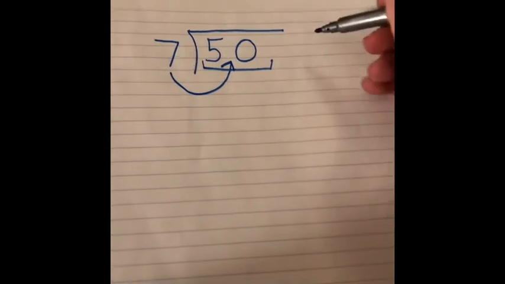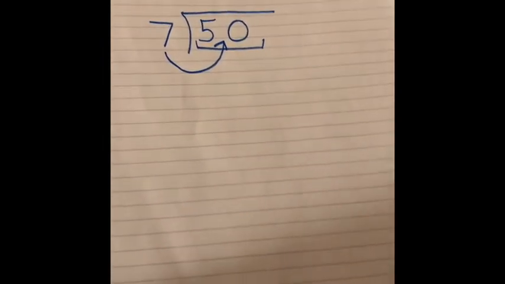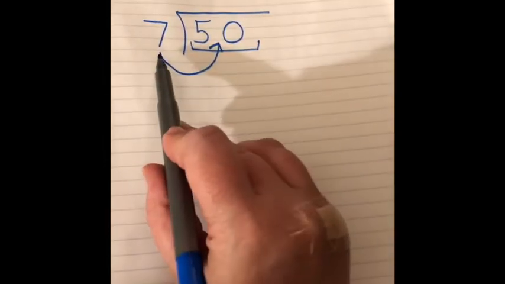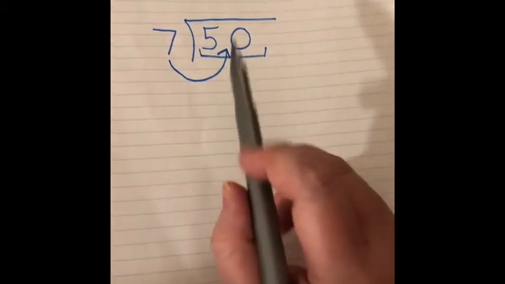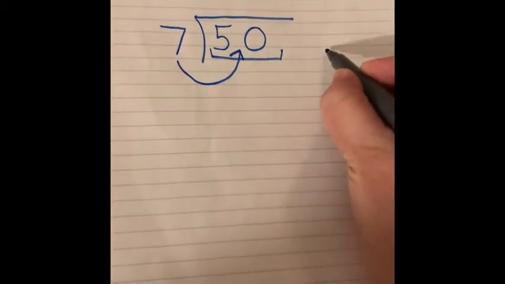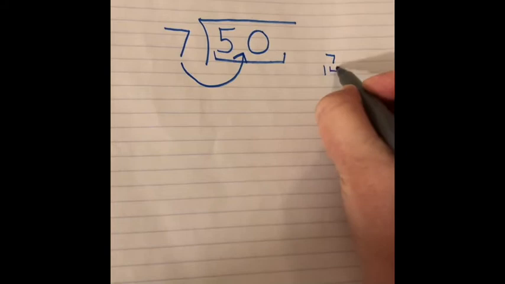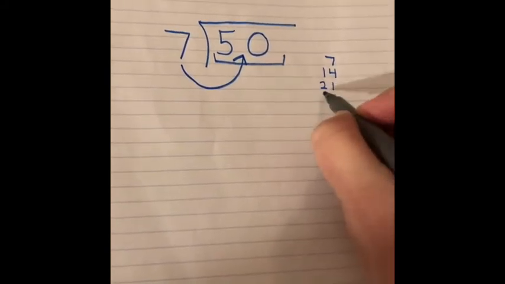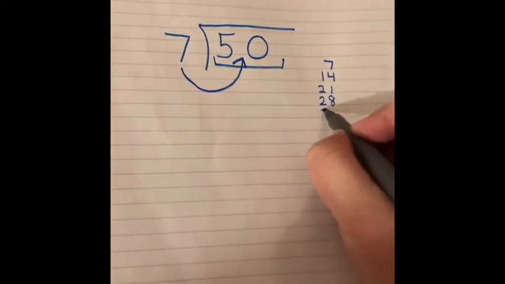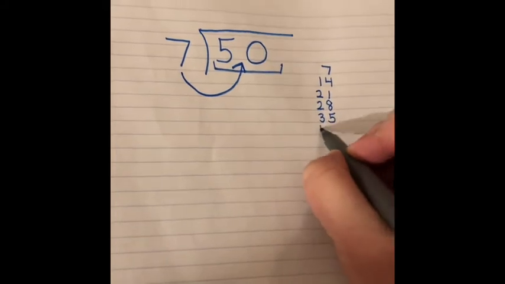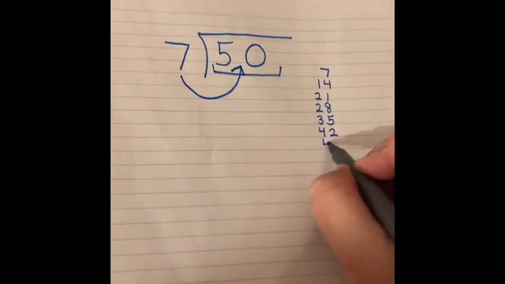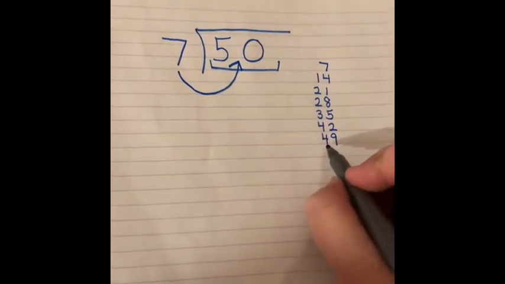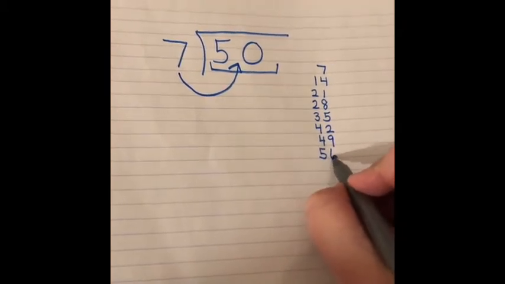So come out to the side with me and skip count by 7s, and we're trying to hit our target of 50. So it would be 7, 14, 21, 28, 35, 42, 49, and 56.